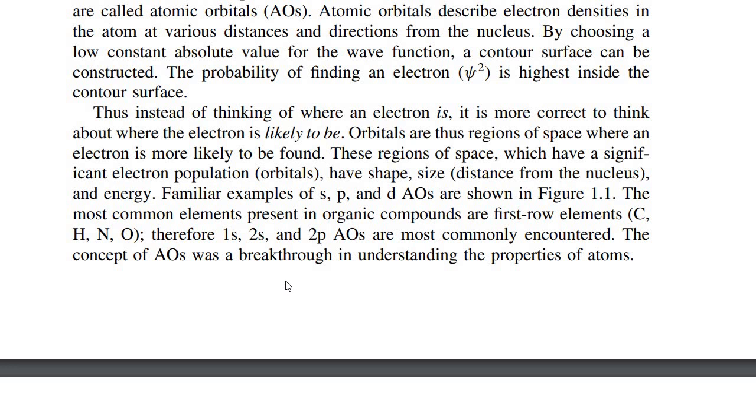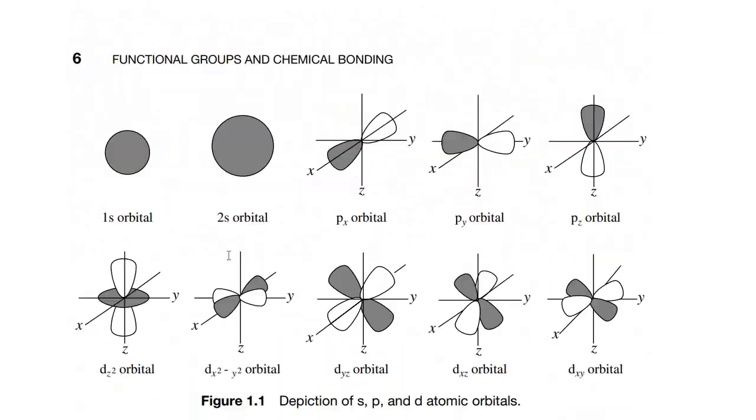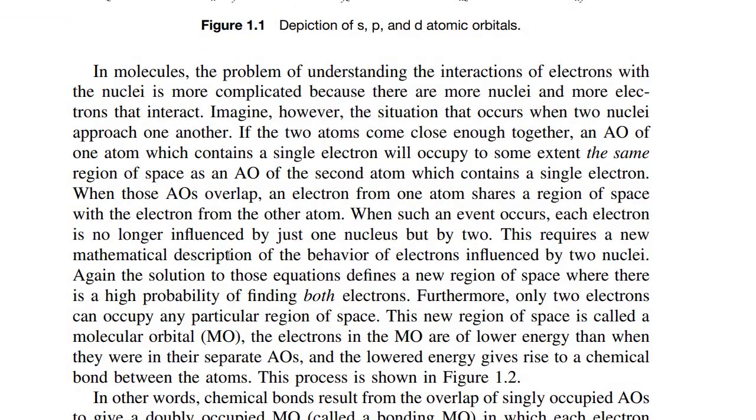The concept of atomic orbital was a breakthrough in understanding the properties of atoms. In a molecule, understanding the interaction of electrons with the nuclei is more complicated because there are more nuclei and more electrons that interact. Imagine the situation that occurs when two nuclei approach one another.